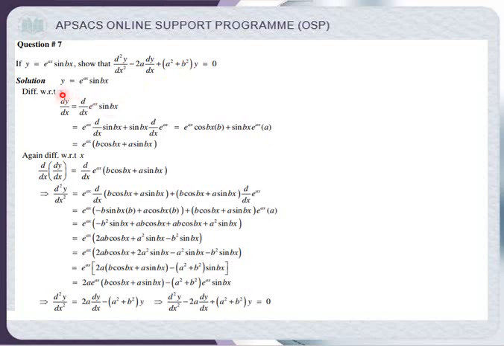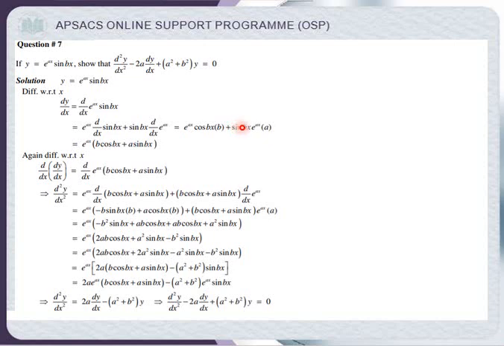Just like previous question number 6, you can see here u into v, so we apply u times v derivative plus v times u derivative. Sine bx means an angle. The derivative of sine bx is cos bx times the derivative of bx, and the derivative of bx with respect to x is only b.